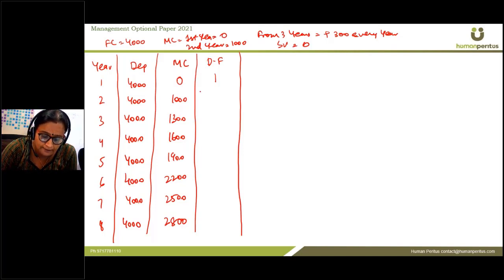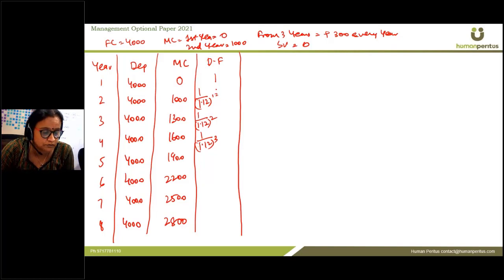For the next year, 1 upon 1.12 raised to the power 1. Then 1 upon 1.12 raised to the power 2. For the next year, 1 upon 1.12 raised to the power 3. So this is how we are going to calculate the discount factor for each succeeding year.